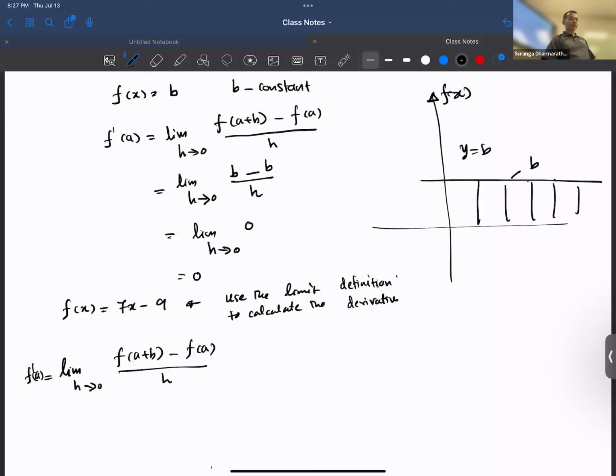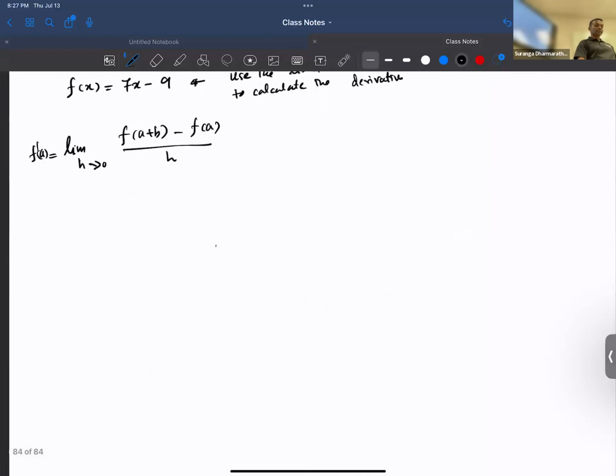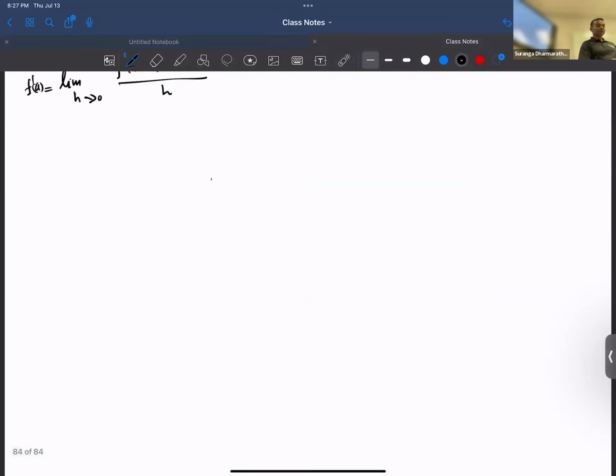I would like to show you a case where the limit does not exist. Let's take this function, f of x equals magnitude of x. So I'm going to find f prime of 0 for this function by using the limit definition. What is the limit definition? Limit h goes to 0. Now what is a? 0.